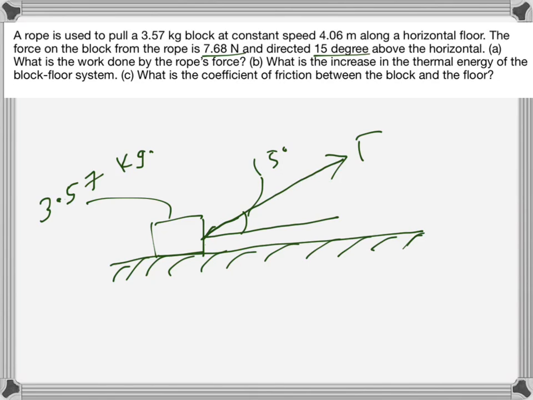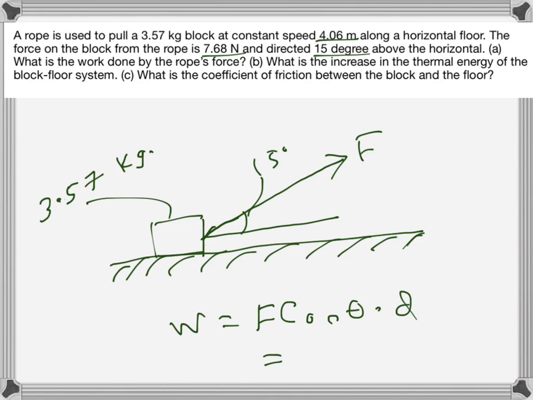So this is the force there, and the first question is, what is the work done by the rope's force? The block moves at a constant speed and it moves 4.06 meters along a horizontal floor. So the work done will be the force in the horizontal direction, that will be F cosine of theta times the distance.